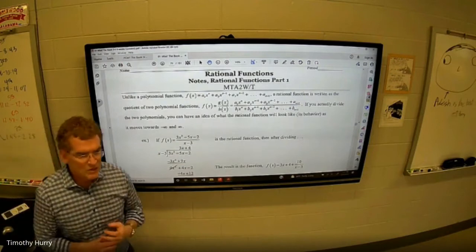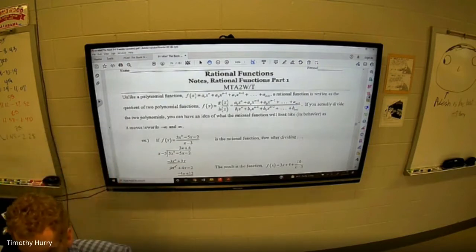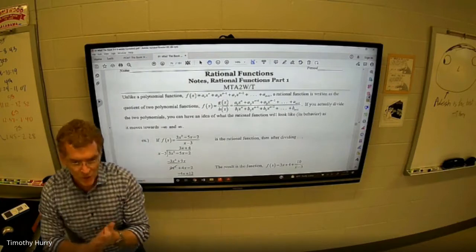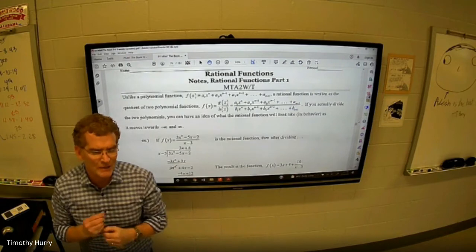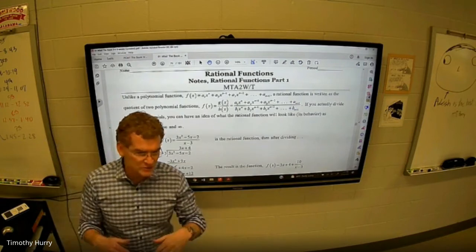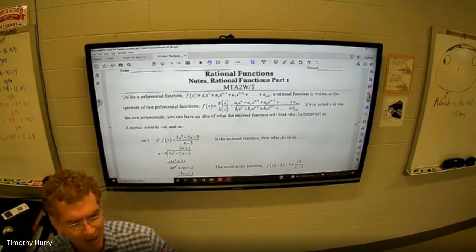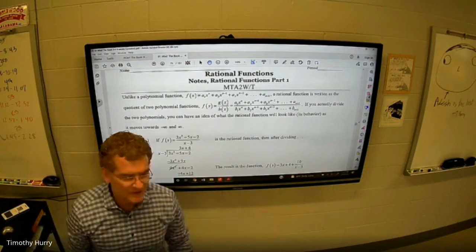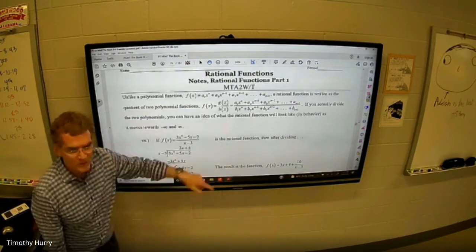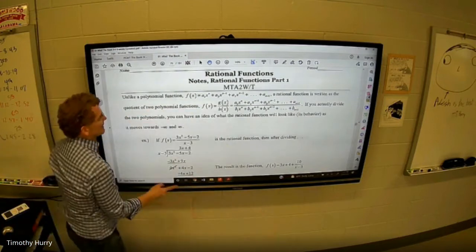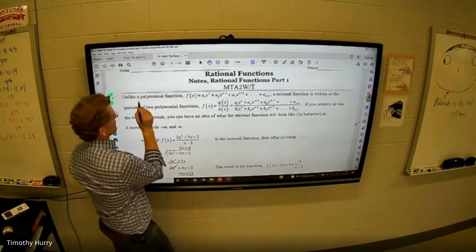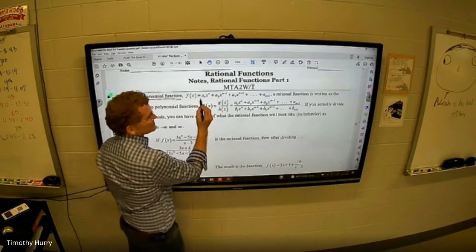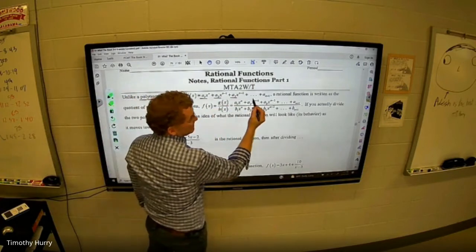Okay, so the first thing I'm going to talk about is what a rational function is. Everybody with me? Okay, so we just got finished with polynomials. Now we didn't talk a lot about the behavior of polynomials in Algebra 2. That's something we tend to talk about as we move forward into pre-cal. But a polynomial is defined like this. So on page 75, a polynomial function is defined as something that has a bunch of parts, potentially.